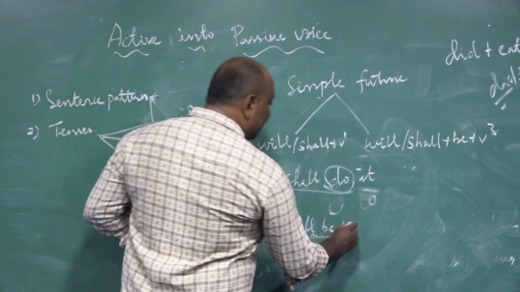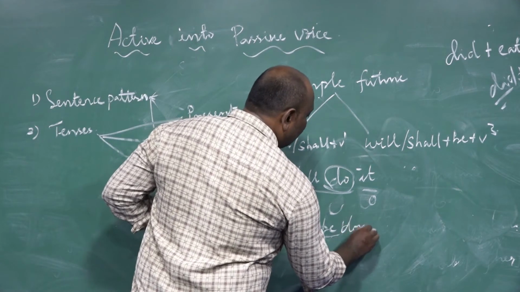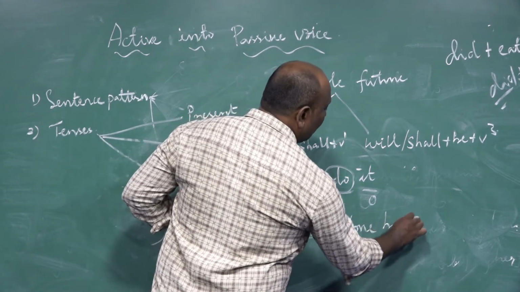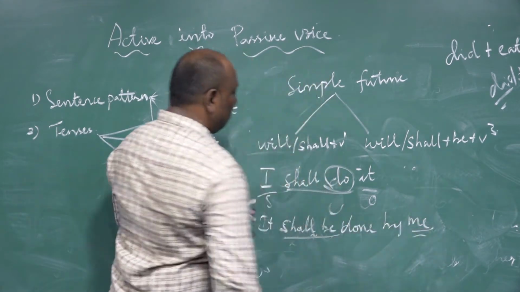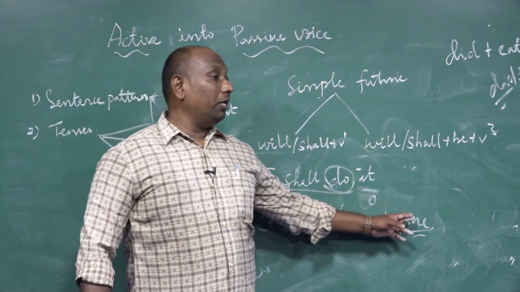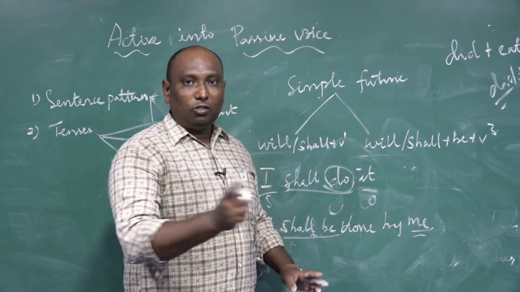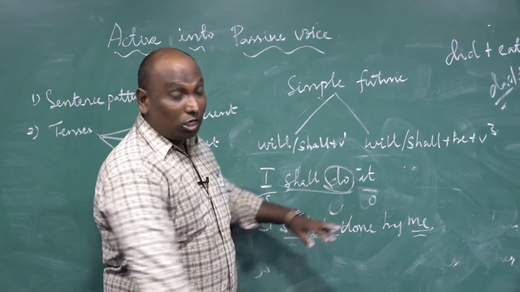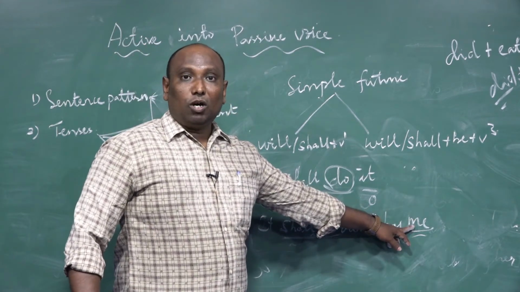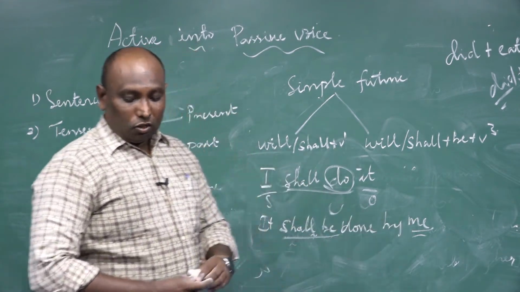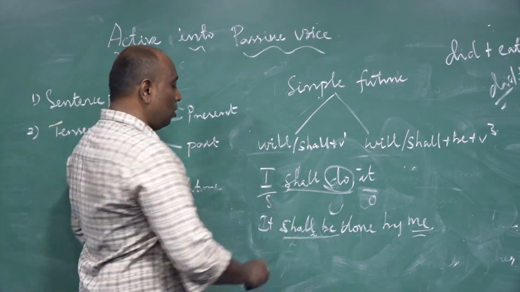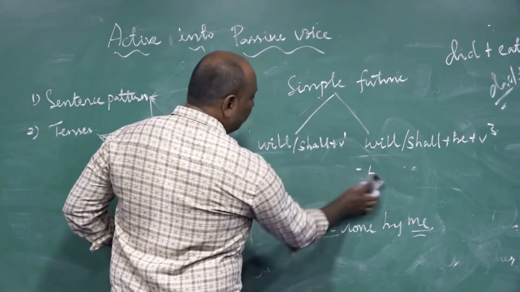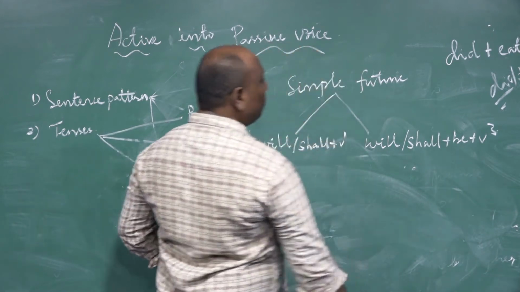So you have to go with done. It shall be done by me. I will change it to me, because I is a subjective pronoun. What is the objective pronoun for I? Me. So when the subject goes into the object place, you have to concentrate on this. So I should be changed to me. So a subjective pronoun will change into an objective pronoun. So this is the simple future.